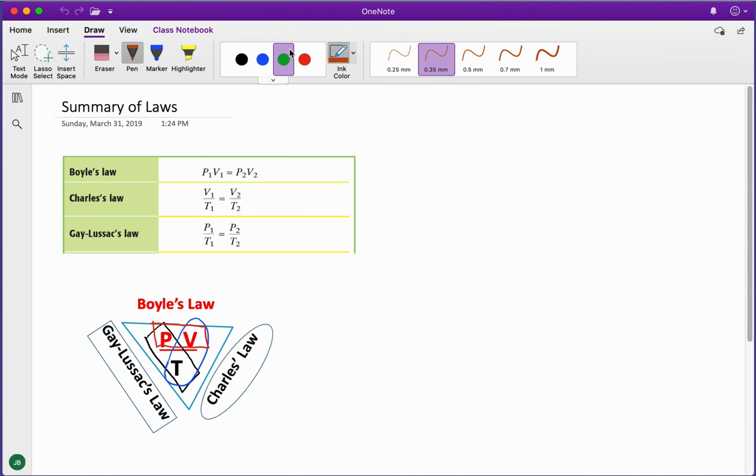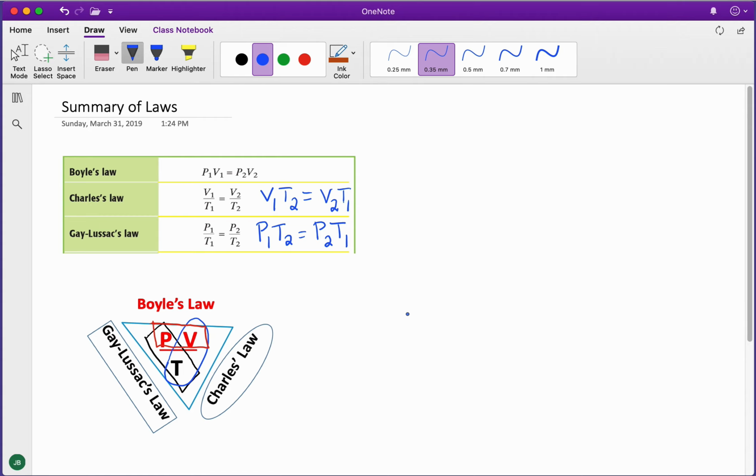But if for some reason you don't feel comfortable with fractions, you can always say your formulas like this, P2 times T1. And here's another little visual so you can see these relationships.